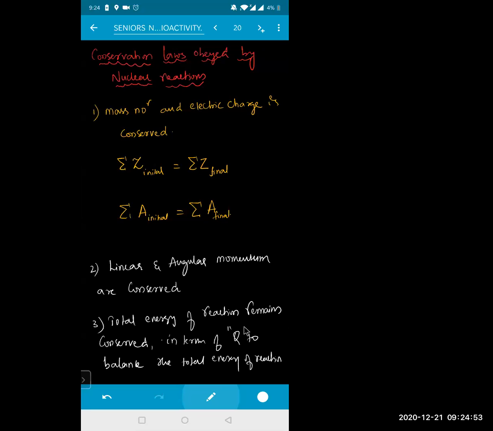So those are some of the conservation laws which you need to remember for the given conditions. And how do you write the Q values? We'll try to do it. So initial atomic number must be equal to final atomic number, and initial mass must be equal to the sum of your final masses basically.